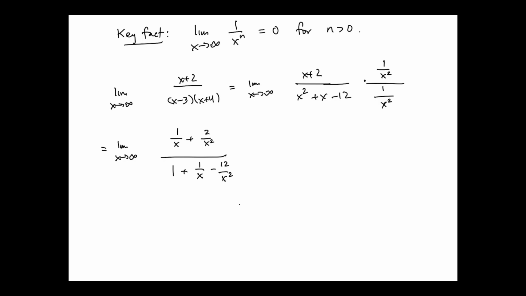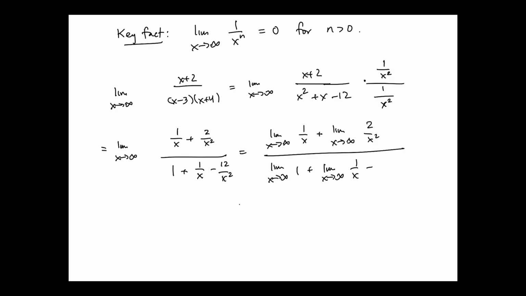So I can then, using our limit laws, say that this is equal to, oops, got a straight line down there, would be equal to... Okay, so there I just applied two of our limit laws.